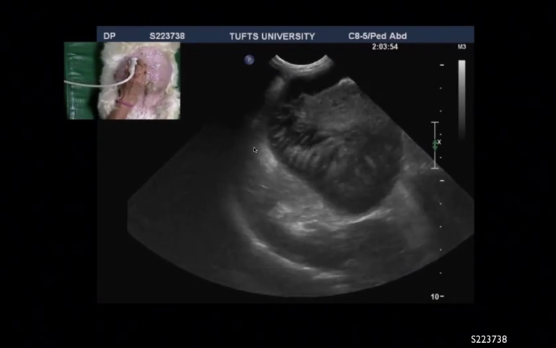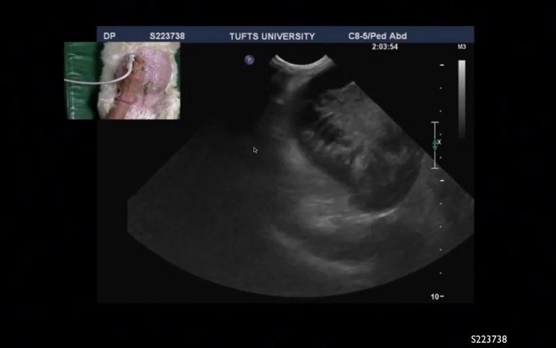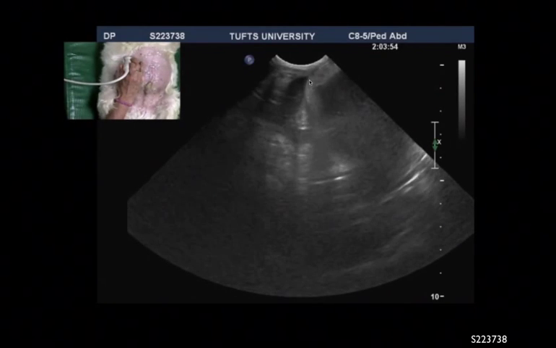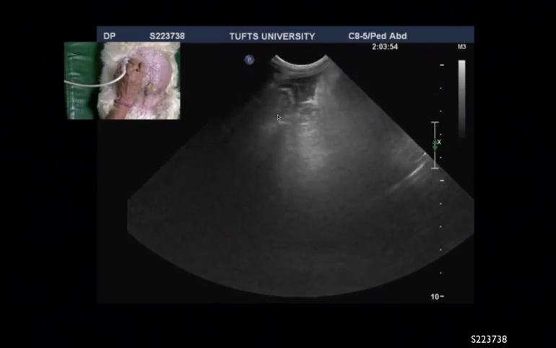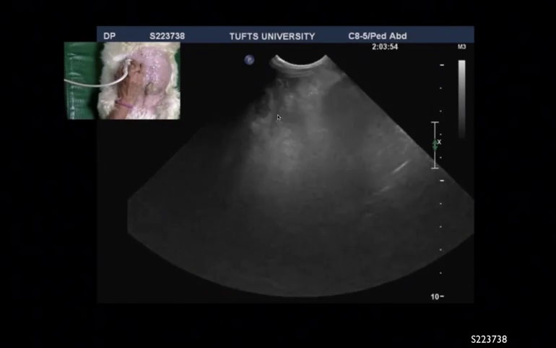We move towards the right side of the liver, and in the near field we still observe some of this poorly echogenic material.